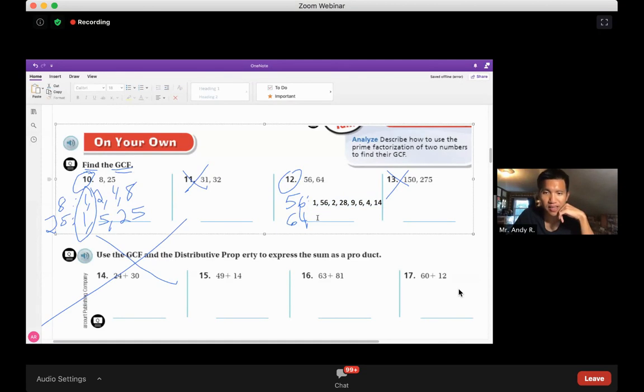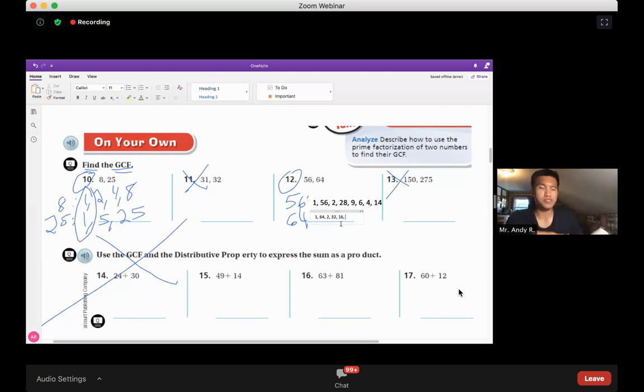Okay, and then 64. 1, 64. And then 2, 32. These are very big numbers here. 16 and 4, because 16 times 4 equals 64.